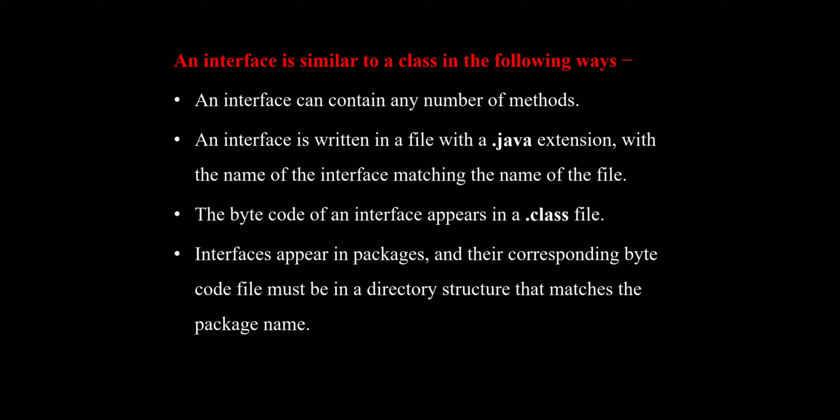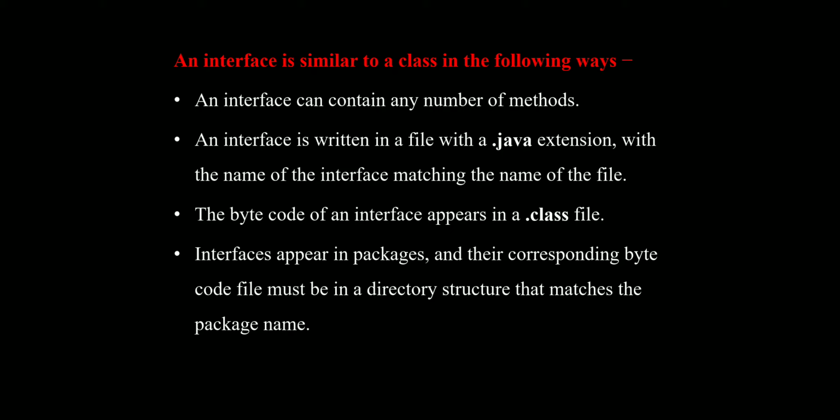An interface and a class are both similar. In a class declaration we use class as the keyword; in an interface we use interface as the keyword. Interfaces appear in packages, and their corresponding bytecode must be in a directory structure that matches the package name.